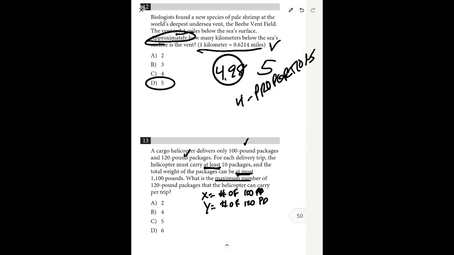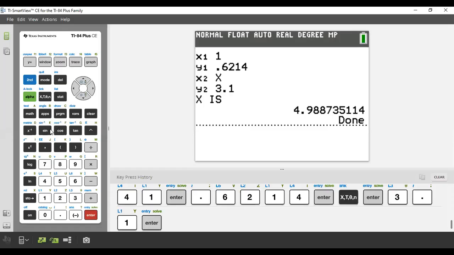One is X plus Y has to be at least 10, so it's got to be greater than or equal to 10. And then our next equation is 100X plus 120Y is no greater than 1,100.